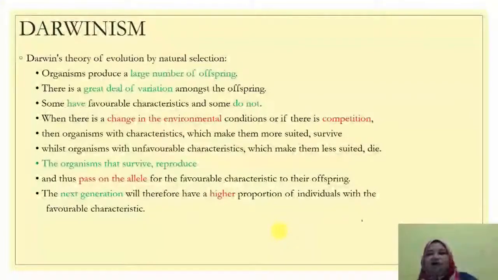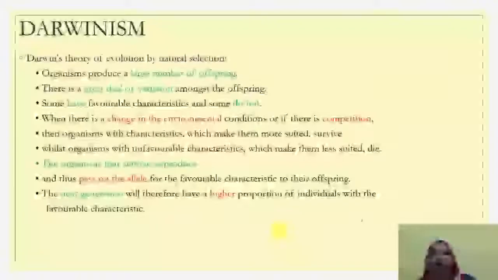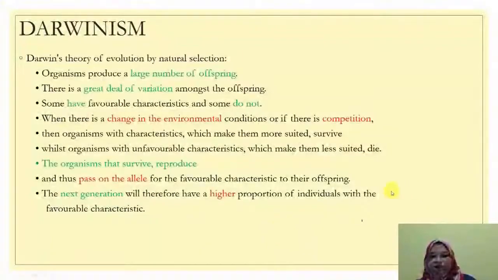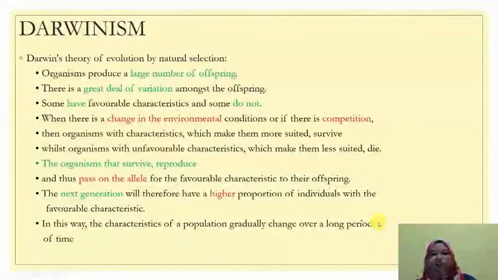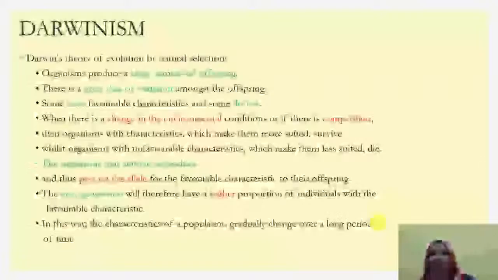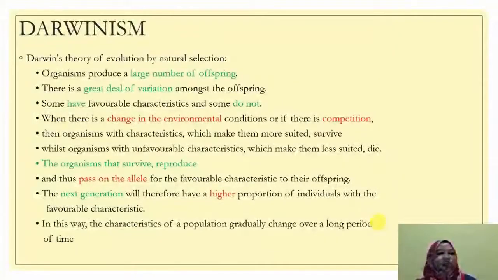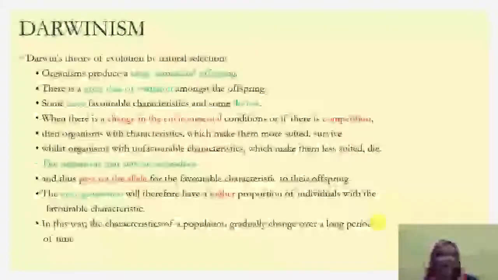They will then produce offspring that will still be able to survive. So the next generation will have a higher proportion of individuals with favorable characteristics. In this way, the characteristics of a population gradually change over a long period of time. This, in a nutshell, is Darwinism.